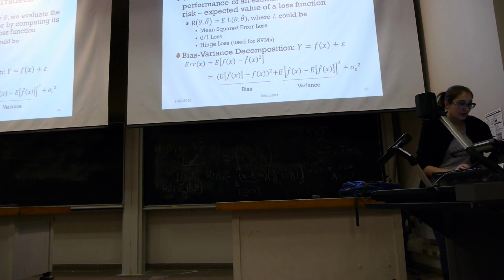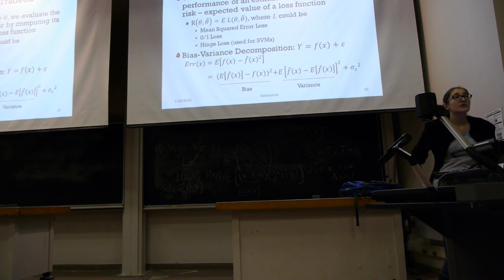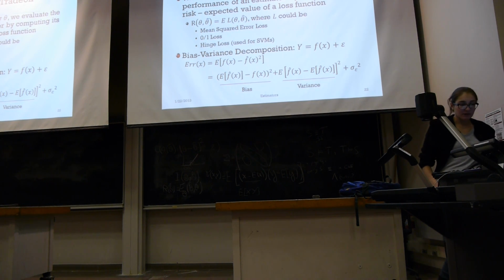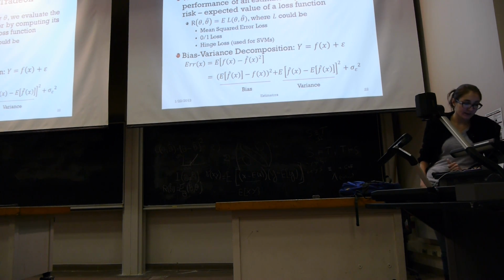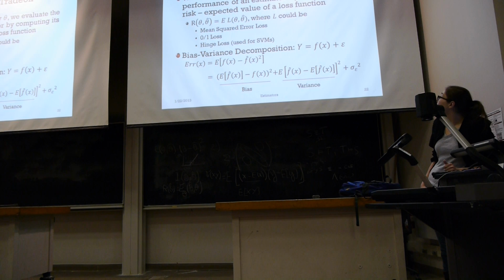Now, let's say we're trying to do, as I said, regression. So y is a function of x plus some noise epsilon. So we're going to compute the error as the expected value of f of x minus f hat of x, squared.